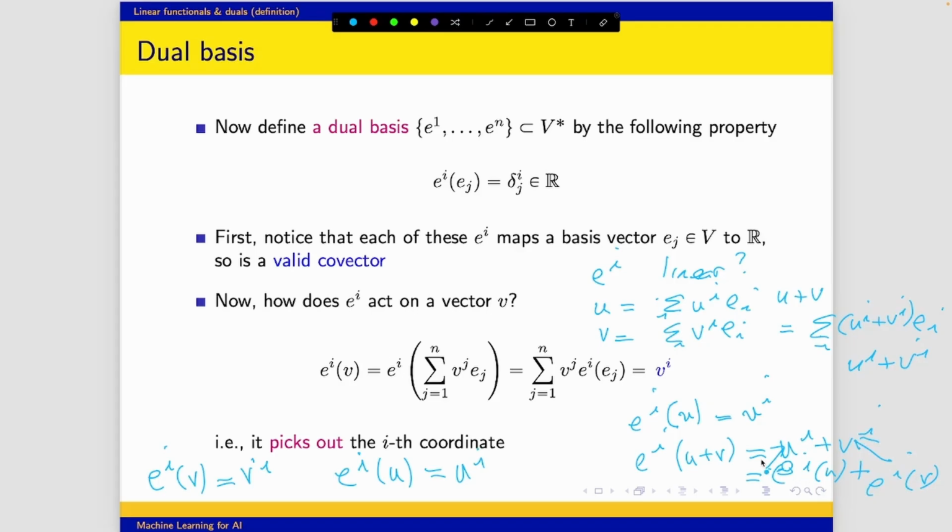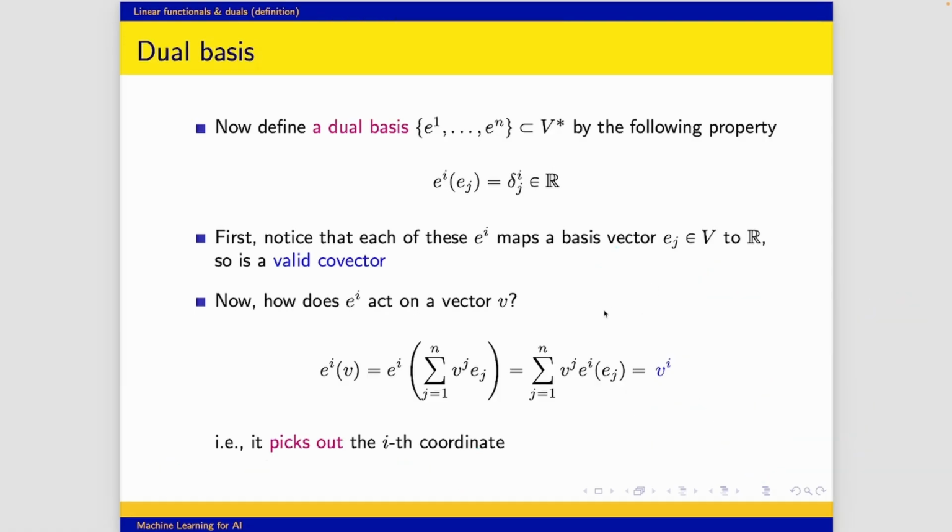And then we can also show that this holds with multiplication by a scalar, multiplying a vector by a scalar. Okay, so we are forcing this definition. We are forcing the definition of the dual basis, these special class of covectors or linear functionals, to be such that when they act on a vector V, they simply pick out the ith coordinate.